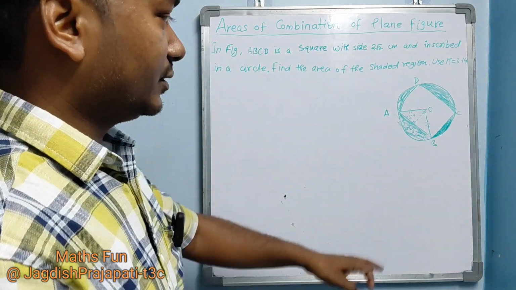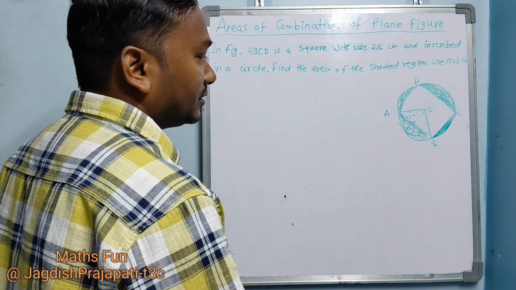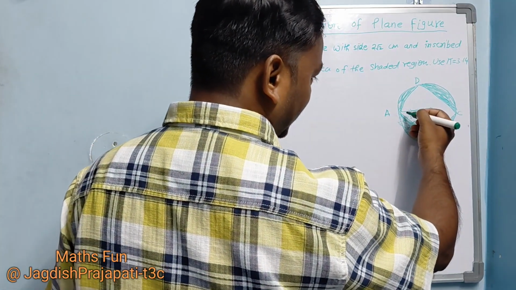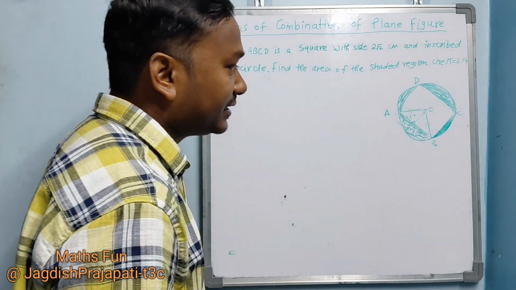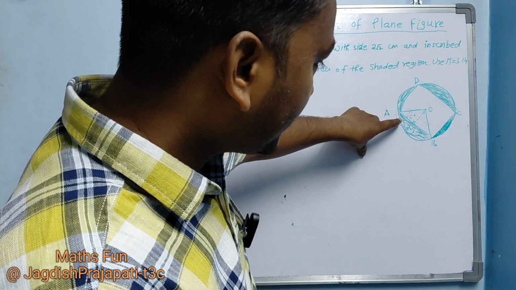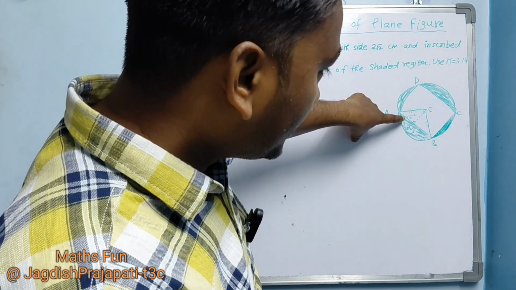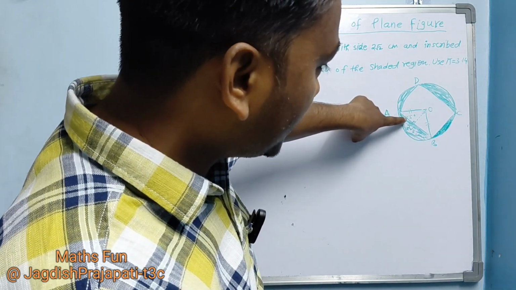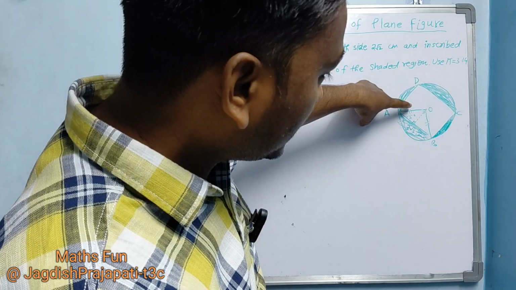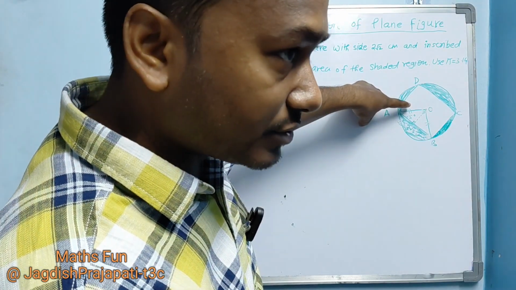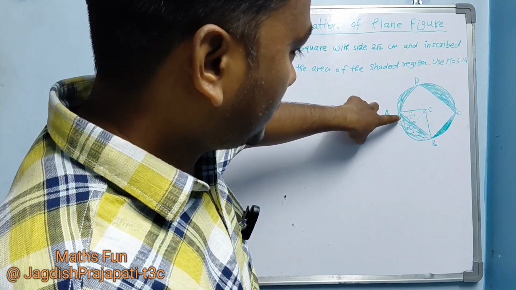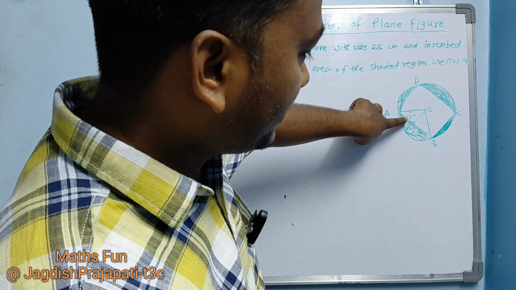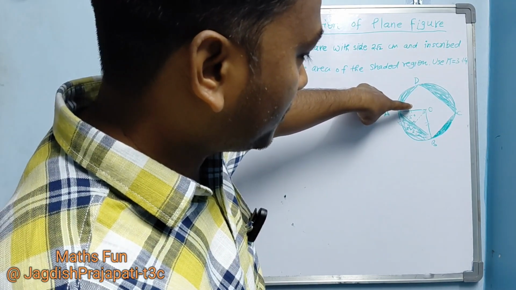Now you can find the radius. We need the radius. For this angle, this will be the base and this will be the hypotenuse.